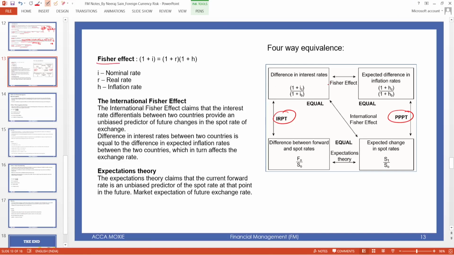Fisher effect says that the difference between the currencies is due to this. The Fisher effect says that the nominal interest rate equals the real rate plus inflation.